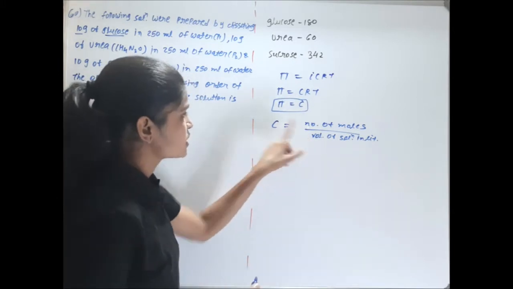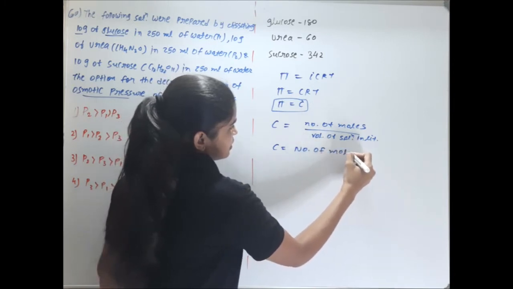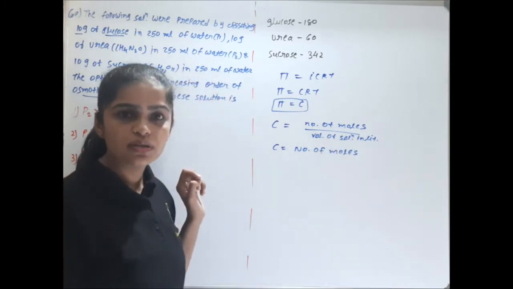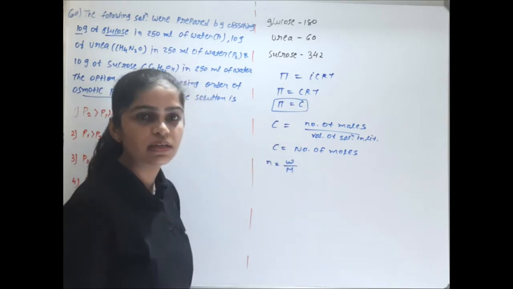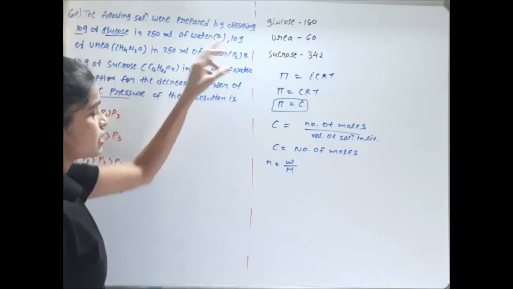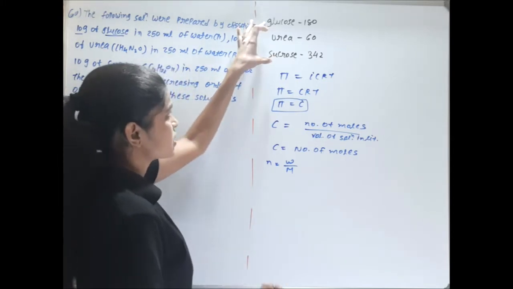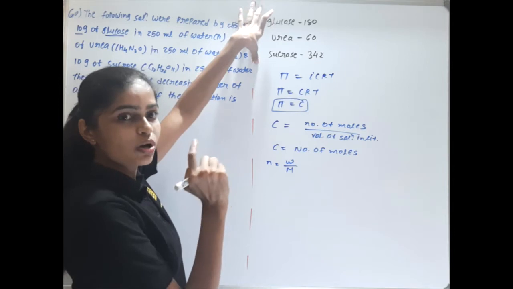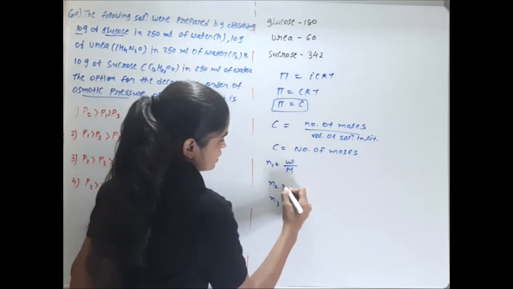That way the concentration is directly proportional to the number of moles. How to find out the moles? Moles n is equal to weight upon molar mass. For these three, the weight is the same, 10 gram, 10 gram and 10 gram. The only difference is the molar mass. You find out all the molar masses. So n1, n2 and n3.